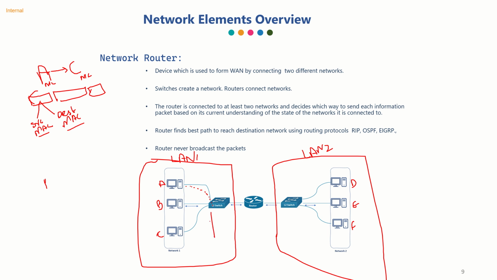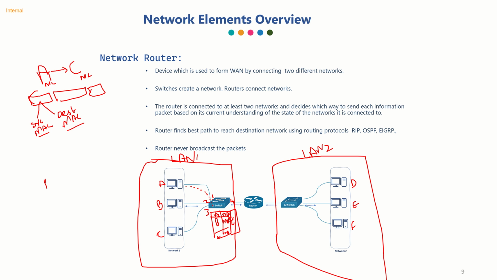So this switch will have a table. In the table it will have A and the MAC address of A, B and the MAC address of B, C and the MAC address of C. Also it will have one more column for where each is connected. For example, this is port 1, port 2, port 3, port 4.